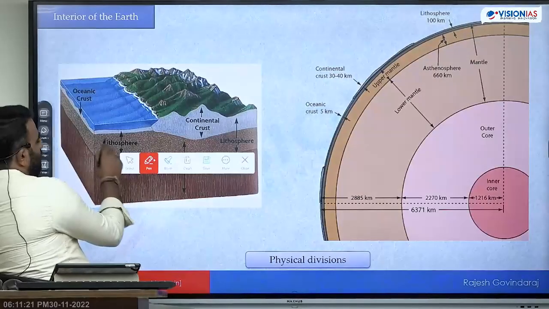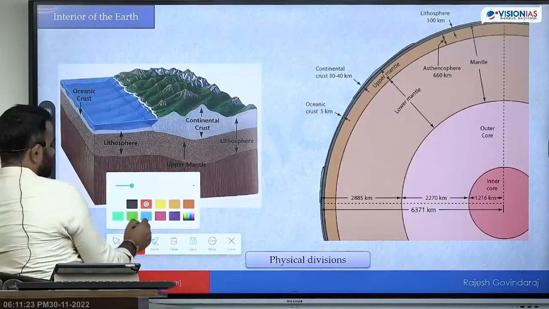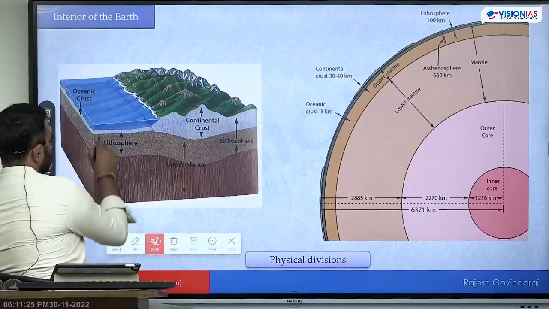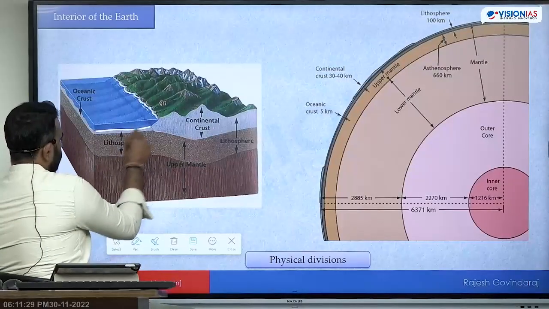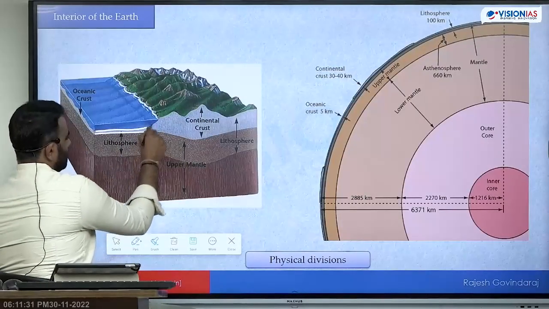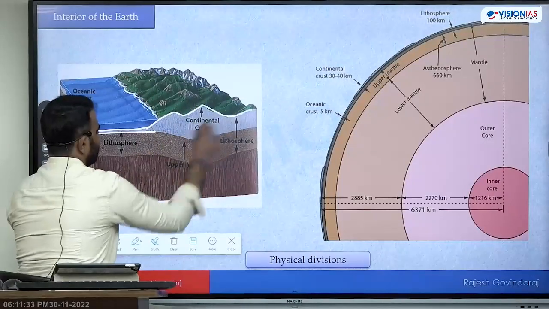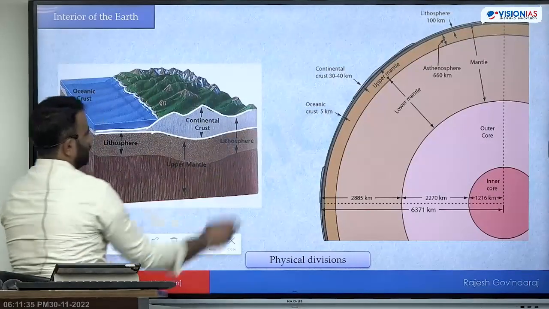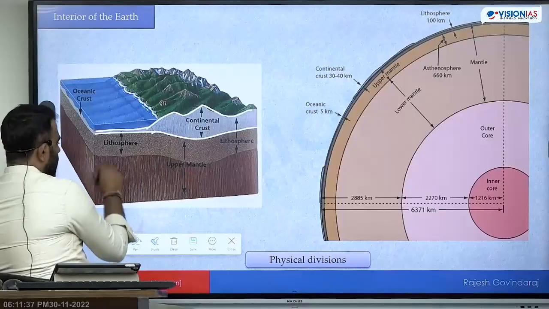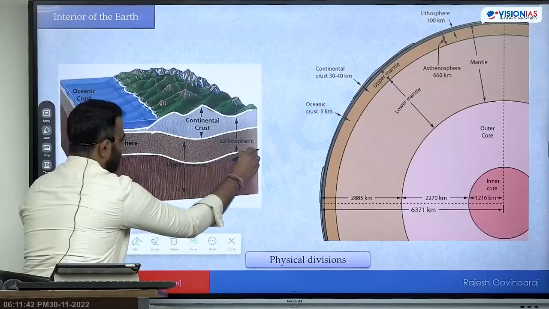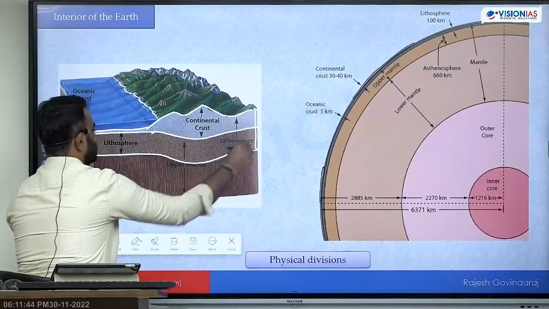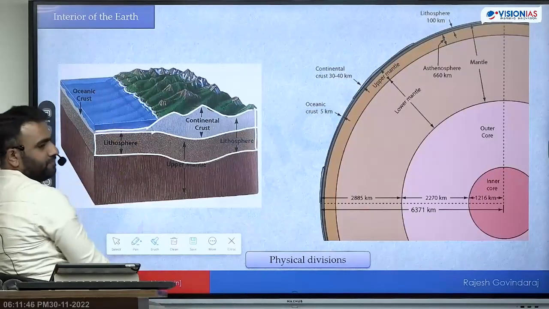You can see the uppermost layer. This is what we call the crust. It is very thin in case of oceanic crust, and thick in the case of continental crust. Below the crust, we have the upper part of upper mantle. Together, it is called lithosphere.